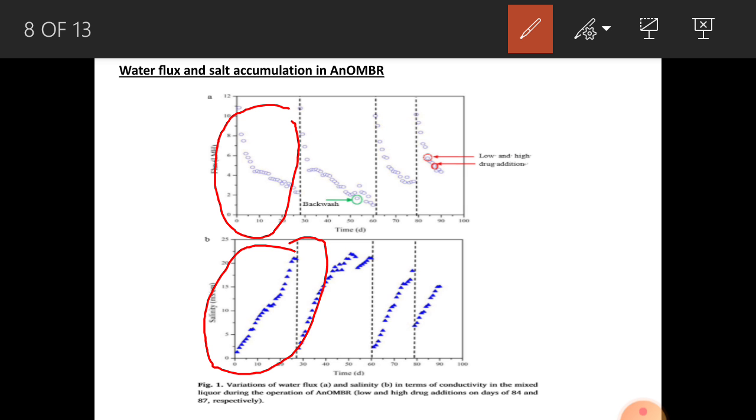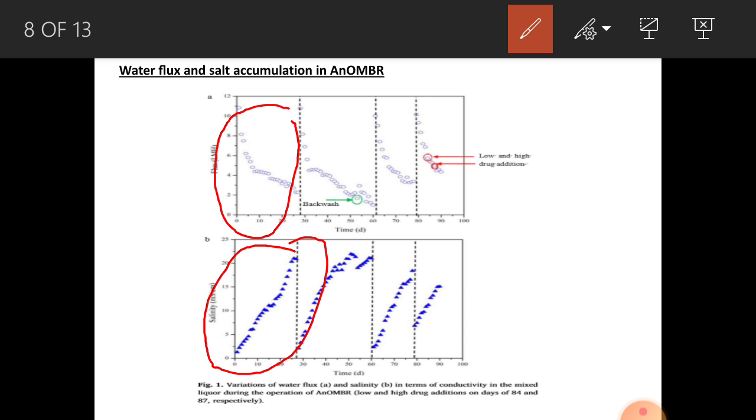So this rate of flux decline is around 0.31 liter per day in the current study, which was slightly faster than reported in the author's previous study.